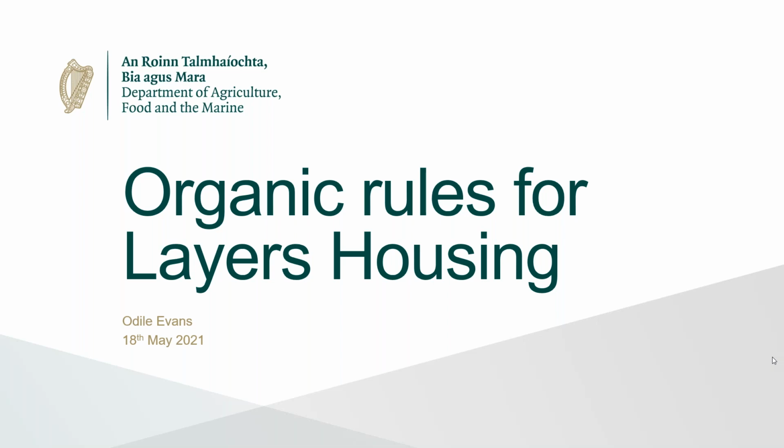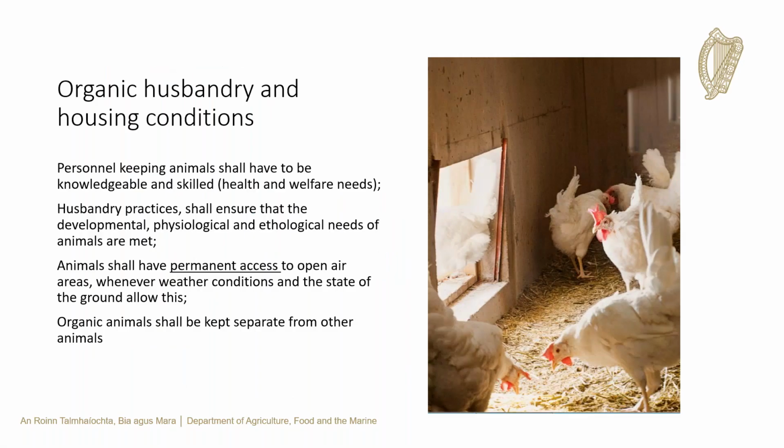So as Seamus said, my name is Odile Evans, and I'm just going to go through the organic rules that are specific to layers. So the overall premise of the organic housing and husbandry is that the personnel keeping animals should be knowledgeable and skilled in terms of health and welfare needs.